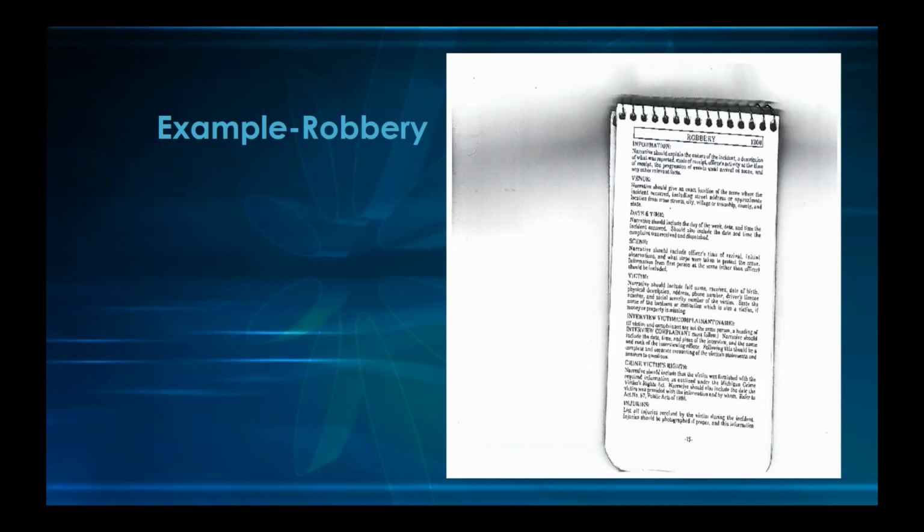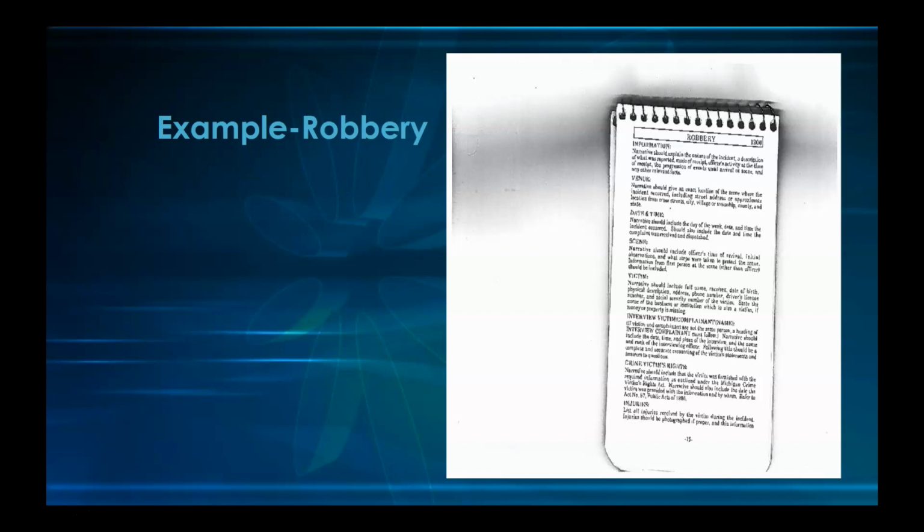So the other thing that is also required in this should also include the date and time the complaint was received and dispatched. So it might be a month after a crime occurred, particularly like for burglaries. But robbery, it might be that the victim is knocked out and then they come to. So the time doesn't match when the actual robbery happened, it matches when they called the police.